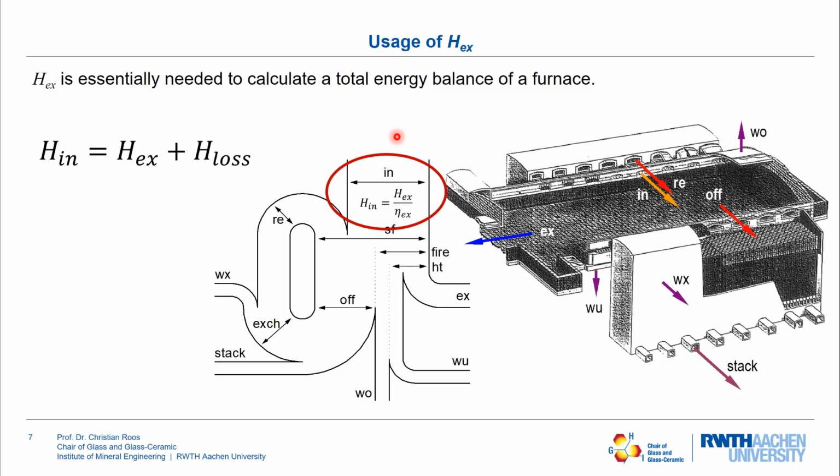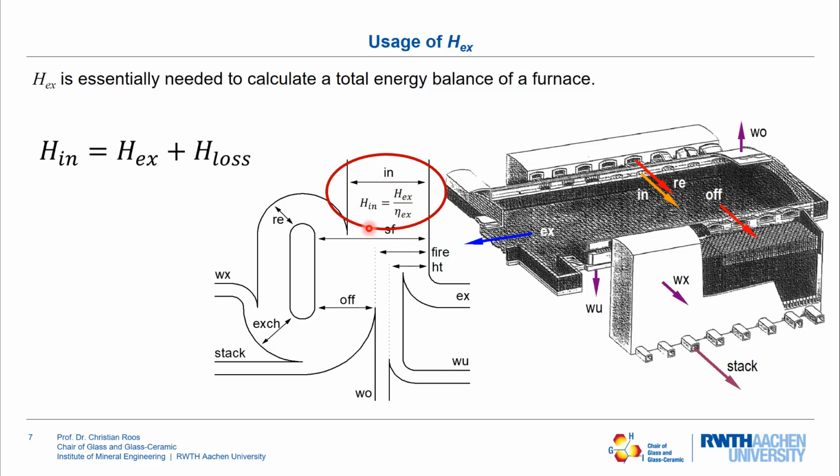Now, if we look at this Sankey diagram, where all the energy terms and loss terms of a glass furnace are shown, one can also easily see that the total energy that is brought into the furnace, H in, is related to Hx via the efficiency of the furnace, eta x. And the efficiency of the furnace is determined by all the loss terms that apply, which can be the structural losses in the regenerator, the flue gas losses, and all the structural losses in the furnace itself.